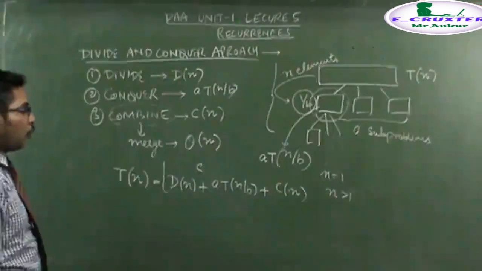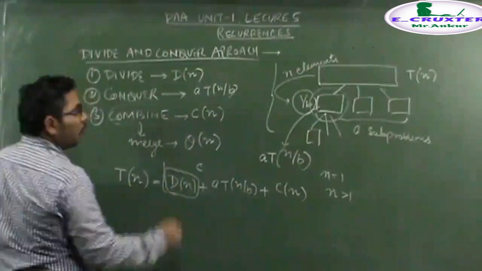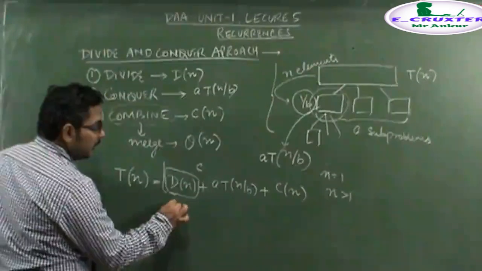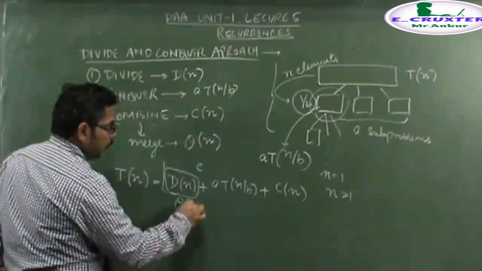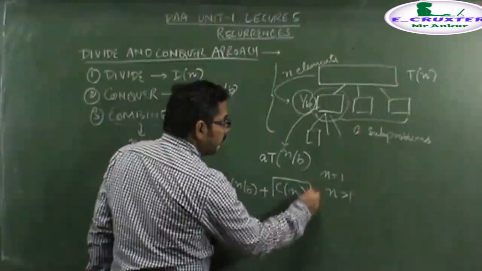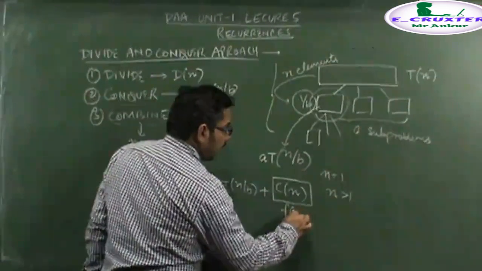Normally when we divide the problem into subproblems, it takes a constant time, denoted by theta of 1. And for the combine time, when we are combining the subproblems, let's say some expression comes out and we denote it by f(n).